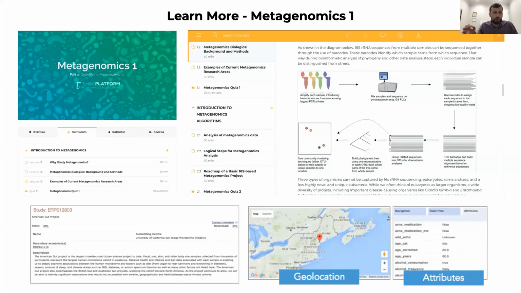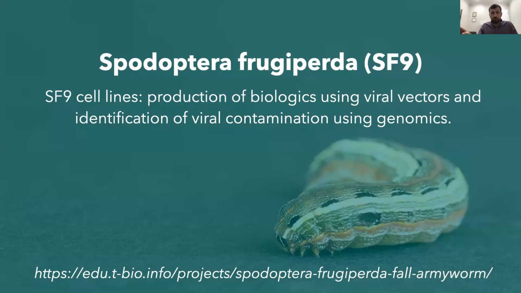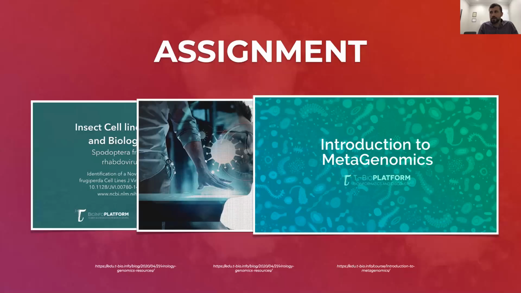And for a project, we ask you to look at Spodoptera frugiperda, which is a project that allows you to analyze sequencing data and detect a novel pathogen to characterize it and understand why it might be important for biologics production pipeline for biotechnology companies. So again, your assignment is to look at Spodoptera frugiperda, and complete Introduction to Bioinformatics, and Introduction to Metagenomics or Metagenomics 1.